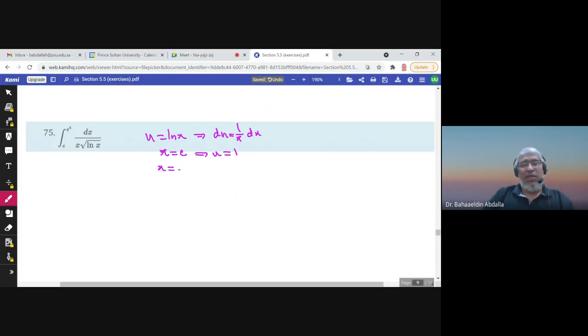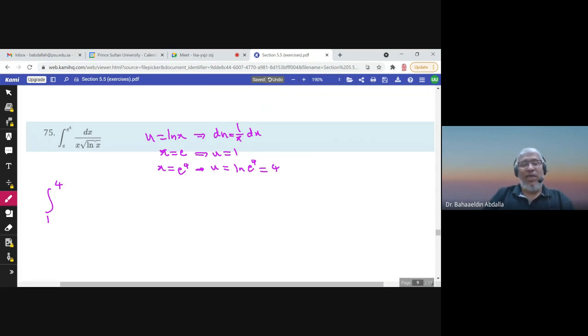If x is e to the power 4, u would be ln e to the power 4, and that's 4 because ln cancels e. So e goes to 1, and e to the power 4, we change it by 4.